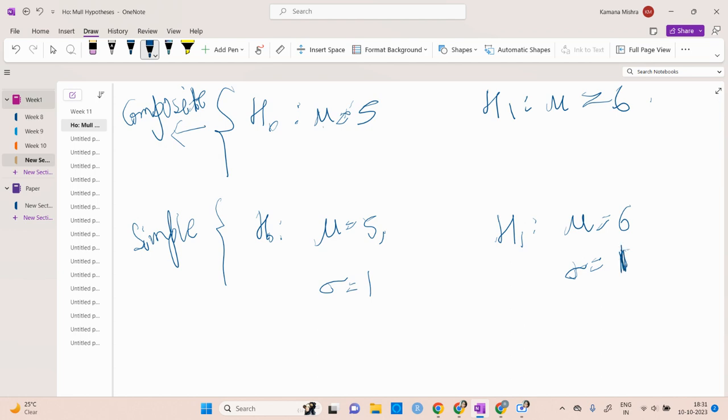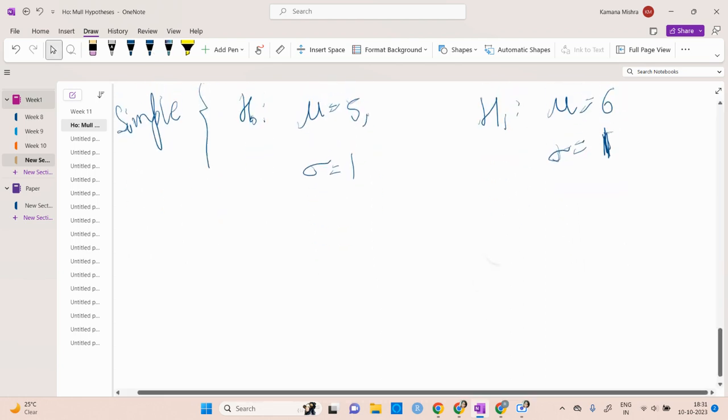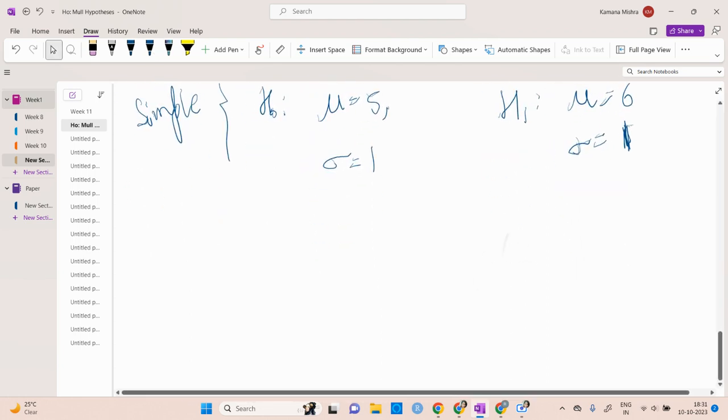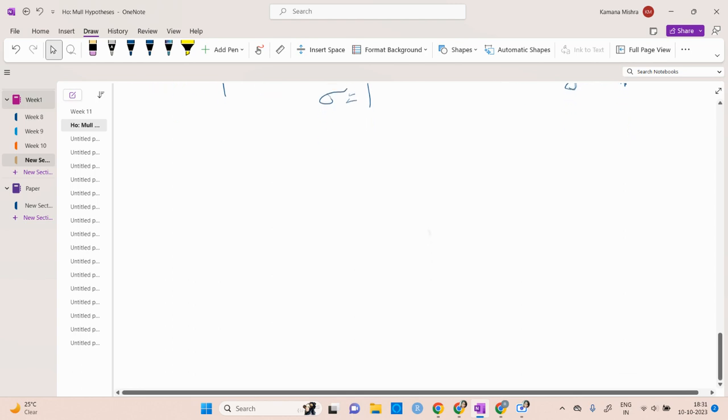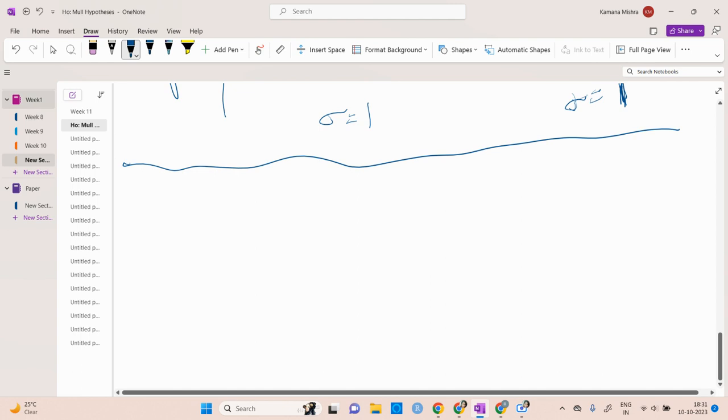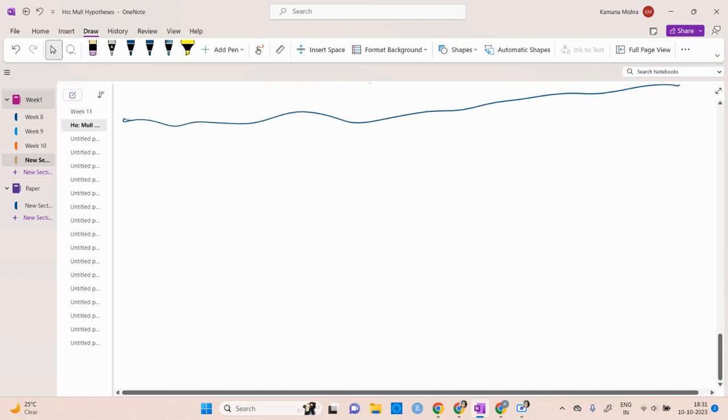So we are saying that our mean is changing, but our variance is not changing, right? So this we can call a simple hypothesis. That means we are specifying the whole distribution, right?